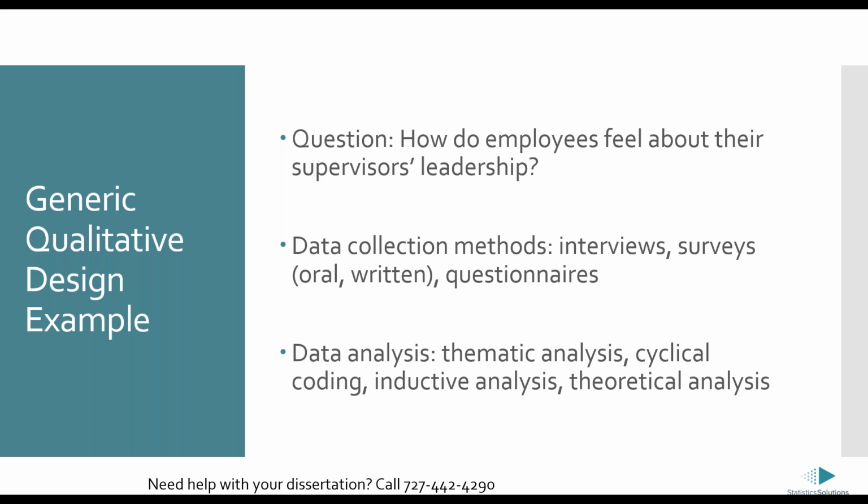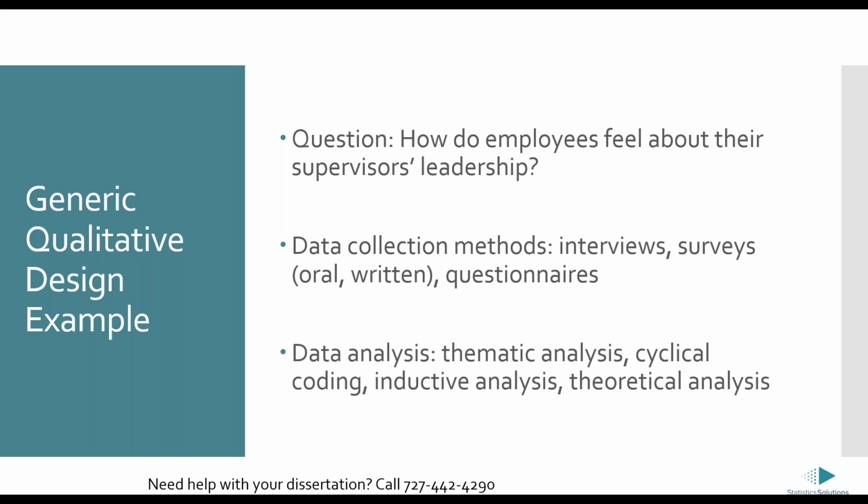So you might see a thematic analysis or cyclical coding. You might do a more inductive analysis. You might do deductive analysis or theoretical analysis. Really, there is a lot of flexibility.